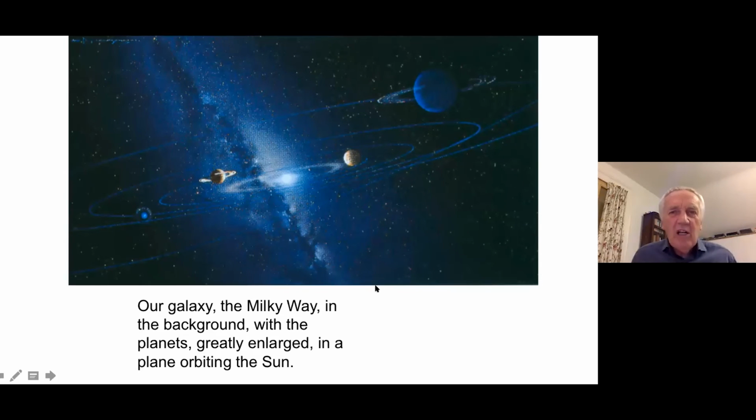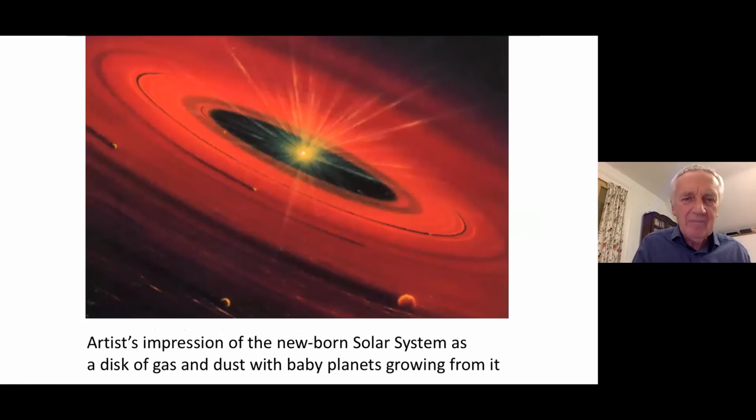Well, one of the clues is in this view, this is an artist's impression of the Milky Way galaxy in the background and the planets, greatly enlarged, orbiting the sun, and they're all in the same plane going in the same direction. And that suggested many years ago that the whole lot began as a big rotating disk of dust and gas around the young sun, like this artist's impression here.